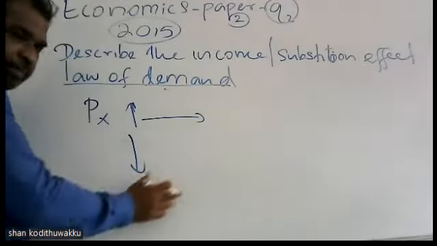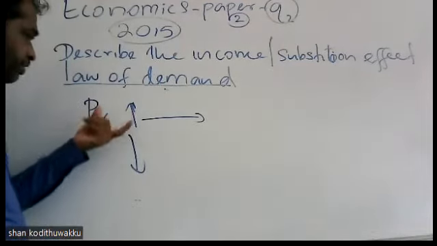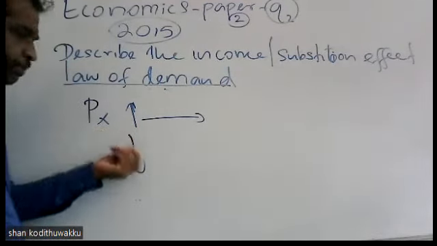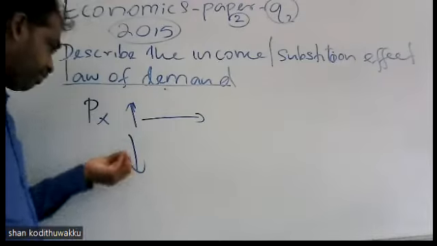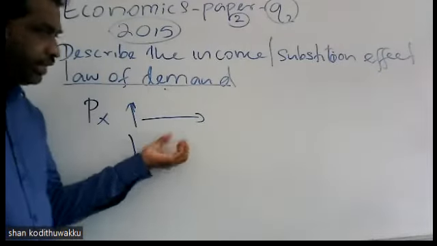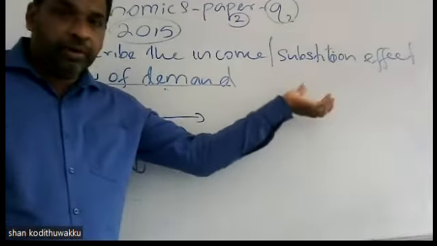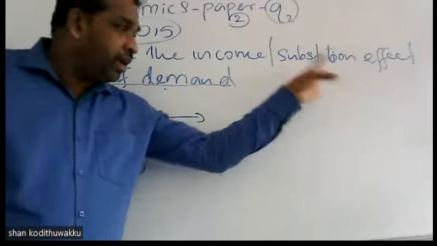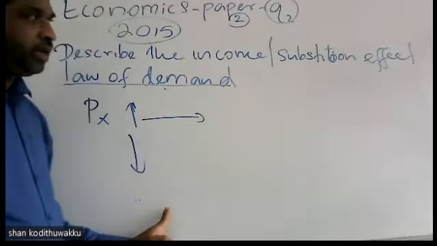I will repeat the same answer. When the price of the product increases, people will reduce buying the concerned product and move to other substitutes because their prices are less than our concerned product.